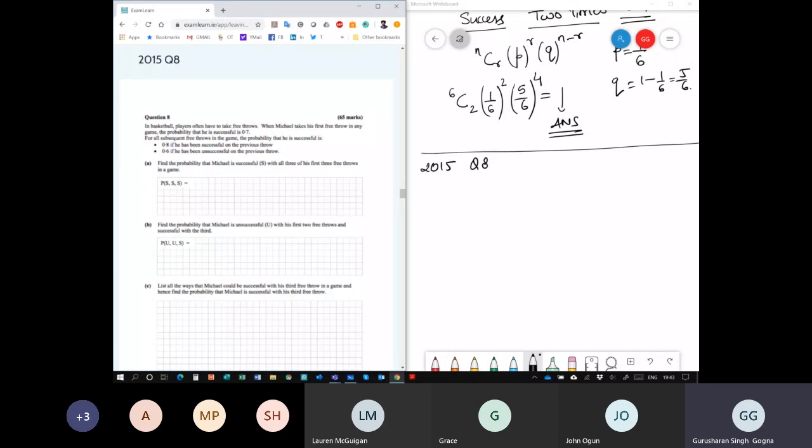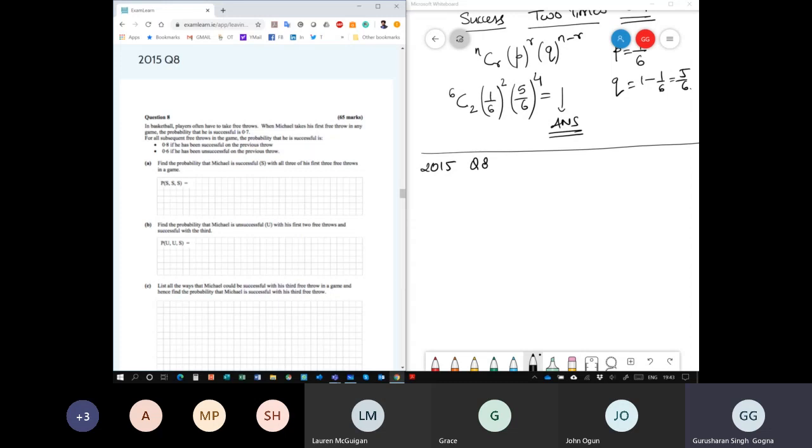For all subsequent free throws in the game, the probability that he is successful is 0.8 if he has been successful on the previous throw, and 0.6 if he has been unsuccessful on the previous throw.